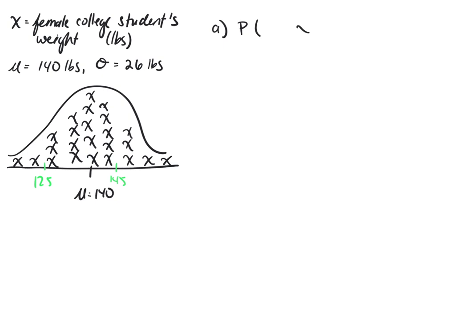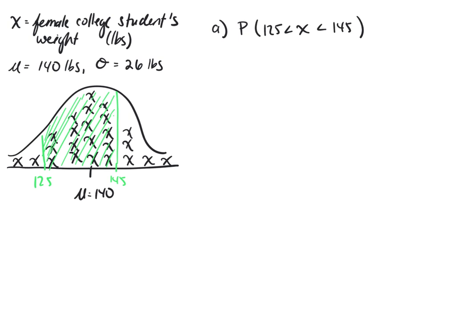I want to know, what are my chances that the x that I choose is going to be between 125 pounds and 145 pounds. So if I shade in the area that contains all the weights between 125 and 145 pounds, those are the x's that are in that green shaded area. So what are my chances that I picked one of those x's?